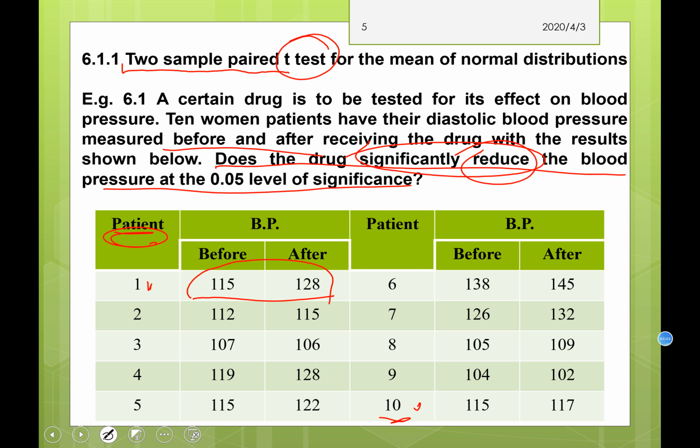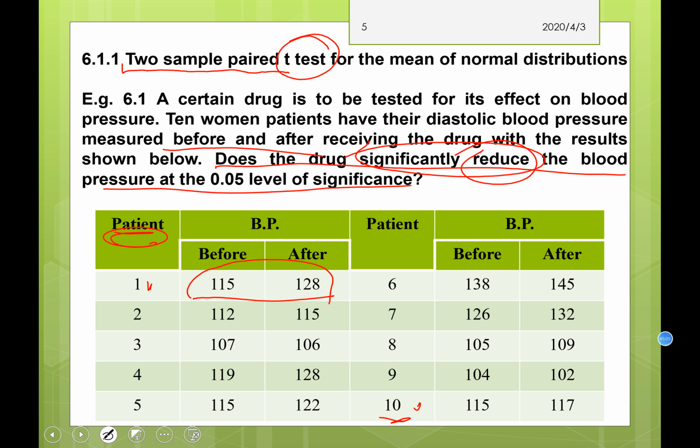So let's think about it first. Now we want to know if the drug can change the blood pressure or not. So when can one say that the drug can change the blood pressure?